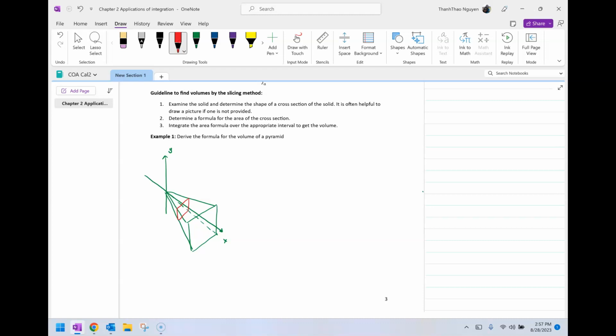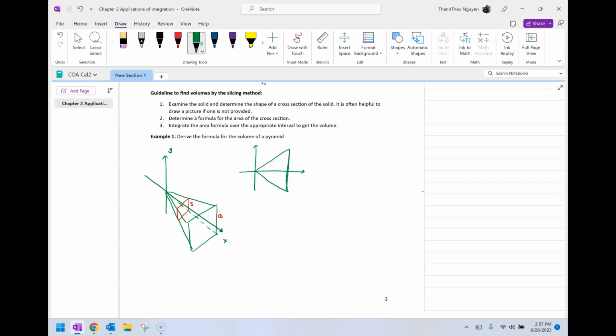We call the base of the pyramid length A, and the cross section has the base S, where the height of the pyramid is h. Right, so let's draw the cross section. What does that exactly look like? We have the xy axis, and we take one slice of our pyramid.